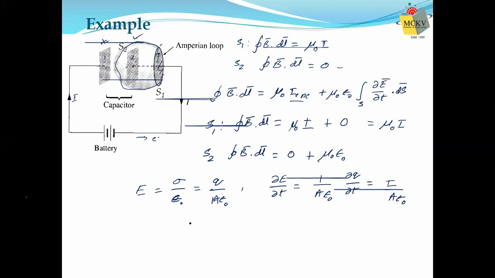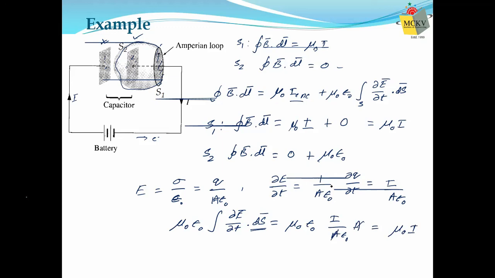Therefore, what we get? Mu naught epsilon naught del E by del t dot ds is mu naught epsilon naught times I by A epsilon naught into ds, integration gives you A. So A cancels out, epsilon naught cancels out. What we have?